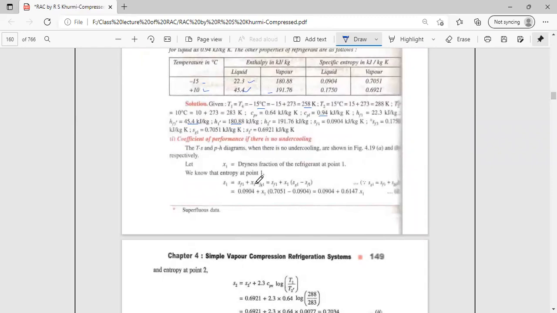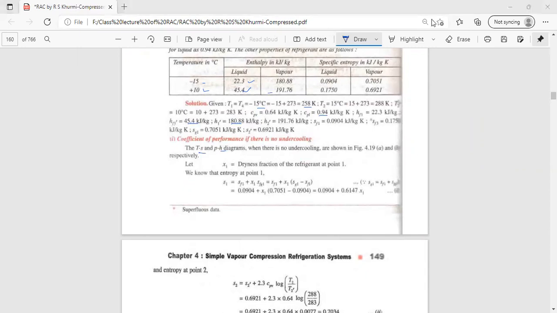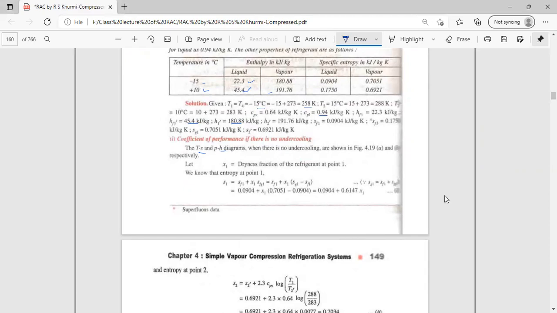So in the TS and PH diagram, there is no undercooling as shown in the figure, and thus X1 is the dryness fraction of the refrigerant at the point 1.